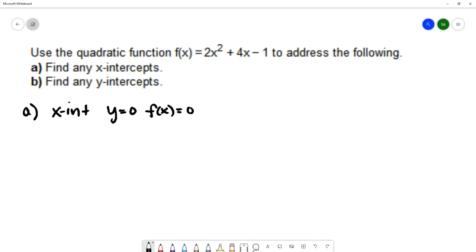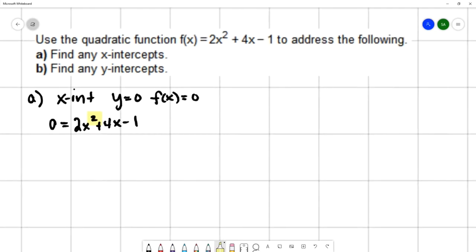So we're going to set this whole function equal to 0 and try to solve this quadratic equation. It's a quadratic equation because we have that squared there. So I'm going to start solving this. I'll try to solve it by factoring, and if I'm not able to factor it, then I'm going to try to use the quadratic formula.